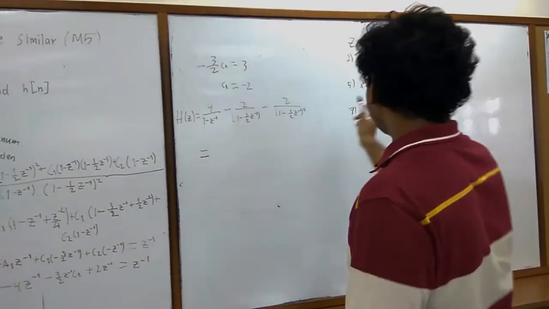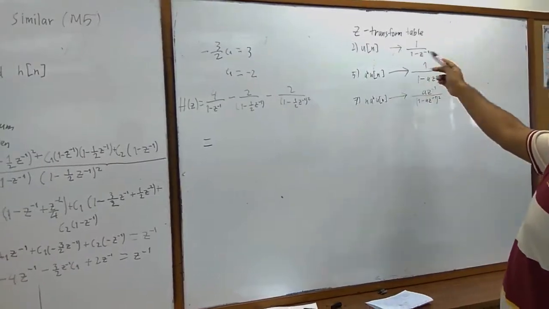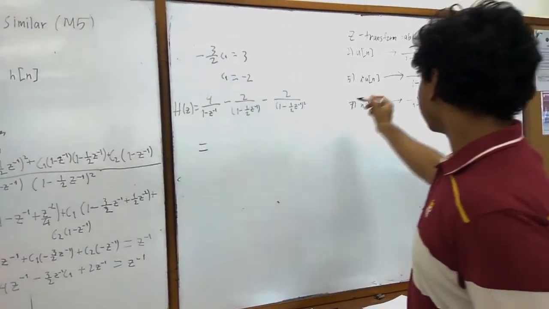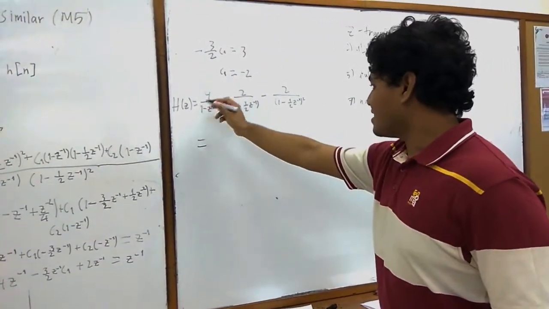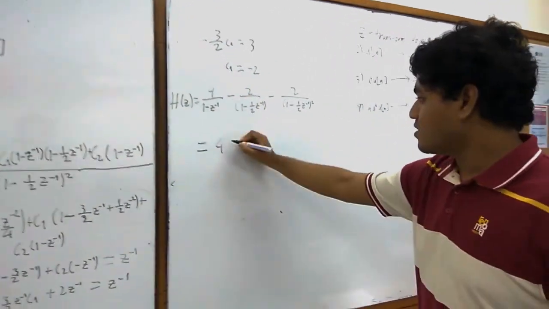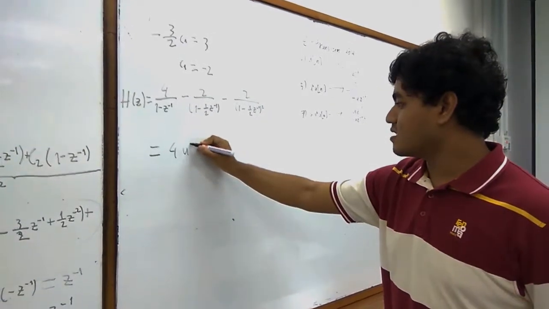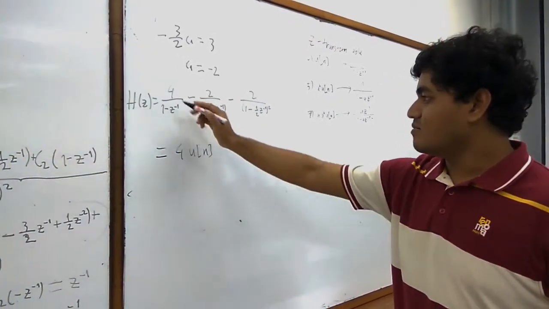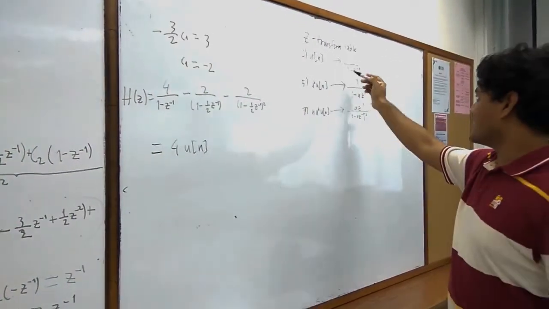For this one, it is sufficient if we just use the second rule. So you take out the numerator 4, and when you take out 4, you have 1 here, so it will be like this one.